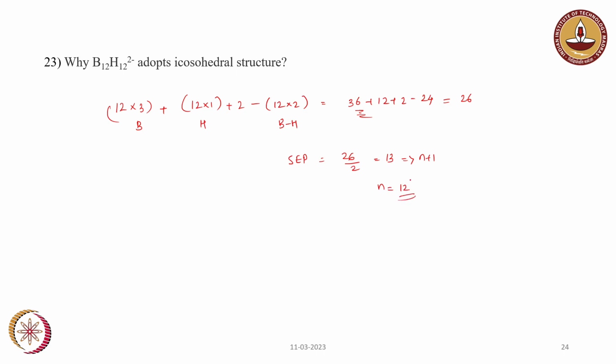So n is 12, and we are given B12H12 2 minus, so the number of borons is equal to 12. So it will be a closo structure, and 12 having closo structure is icosahedron. All 12 vertices will be occupied by boron, and all the hydrogens will be terminal on the boron.